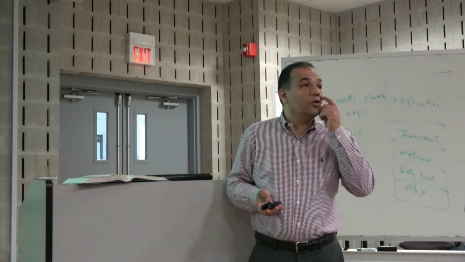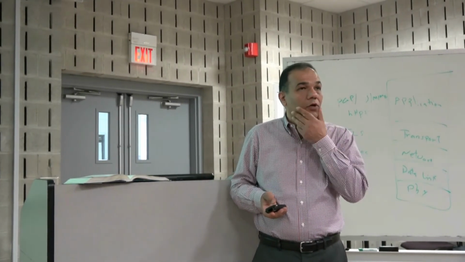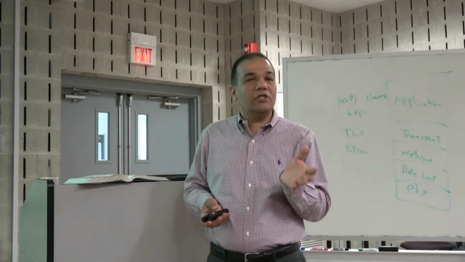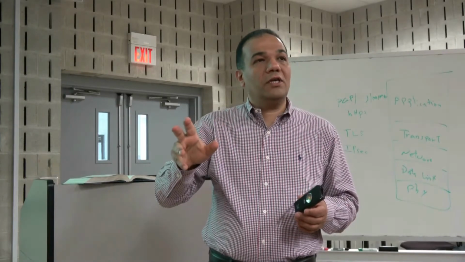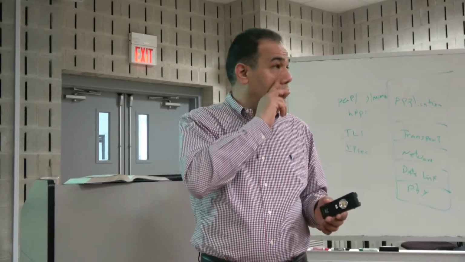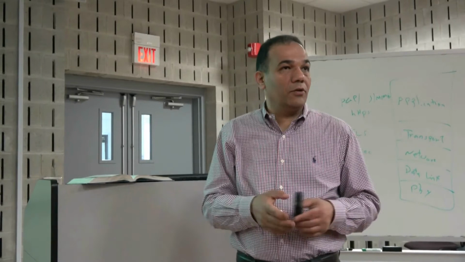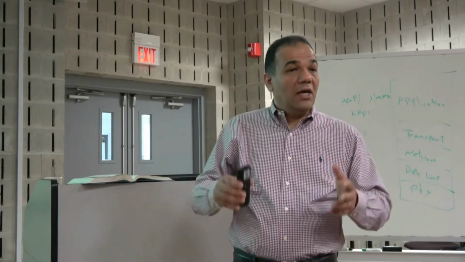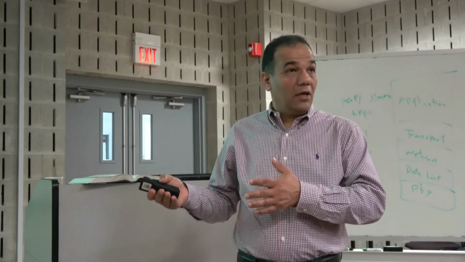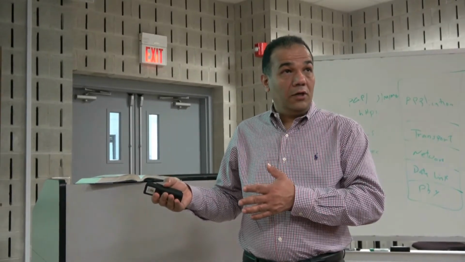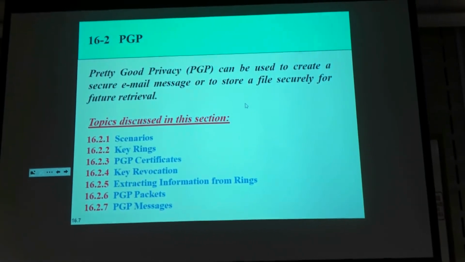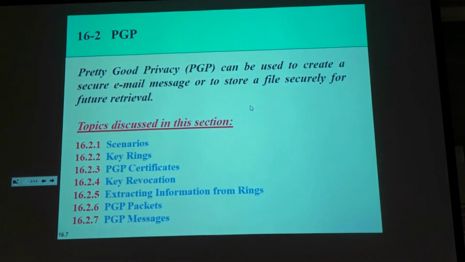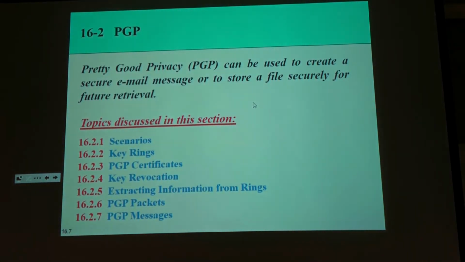So the only person who can read it is the receiver. When the receiver gets the message, the first thing is to read the key, then use the key to unlock the message. So we're going to use symmetric and asymmetric: symmetric for the message, asymmetric for the key. Okay, clear? That's generally how we do it.